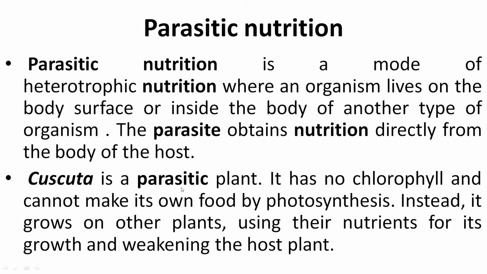See, an example of a parasitic plant is Cuscuta. Cuscuta is a parasitic plant. It has no chlorophyll and cannot prepare its own food by the process of photosynthesis. Instead, it grows on other plants, using their nutrients for its growth, and as a result it weakens or destroys the host plant.